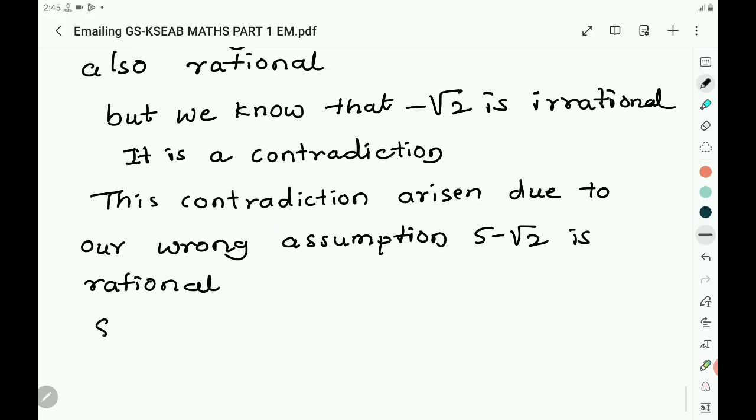So we conclude 5 minus root 2 is irrational.